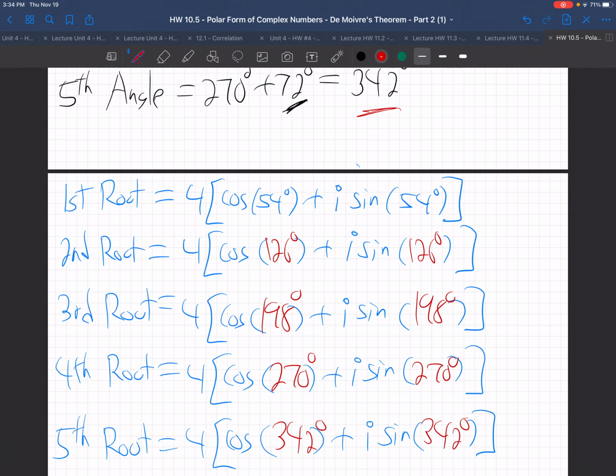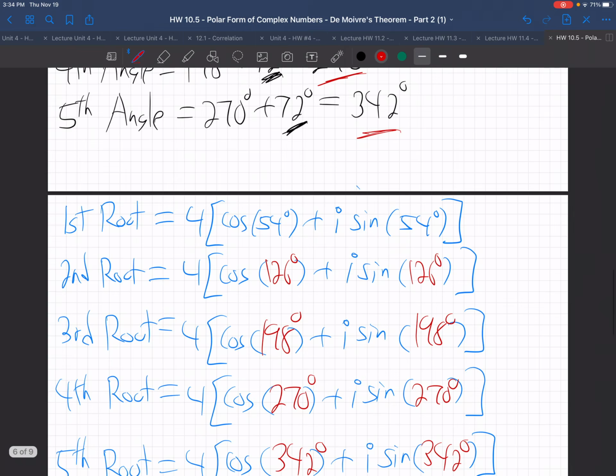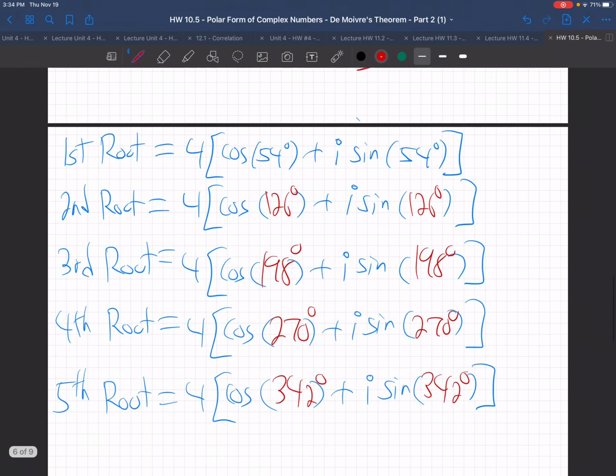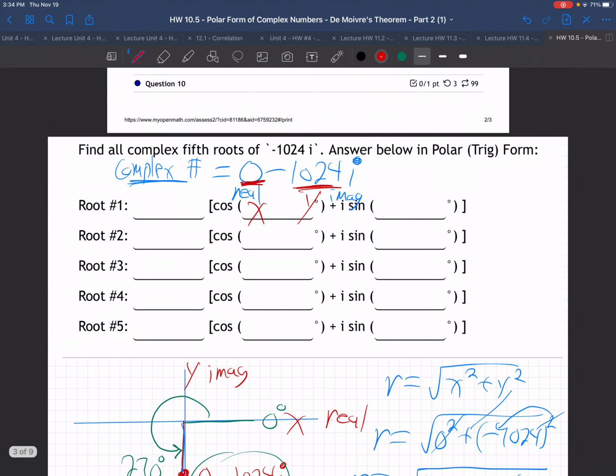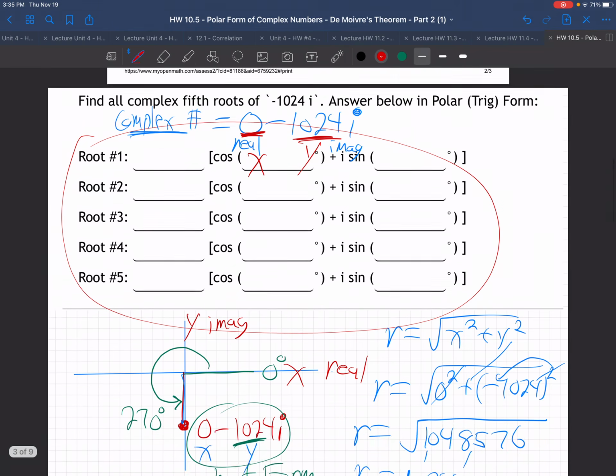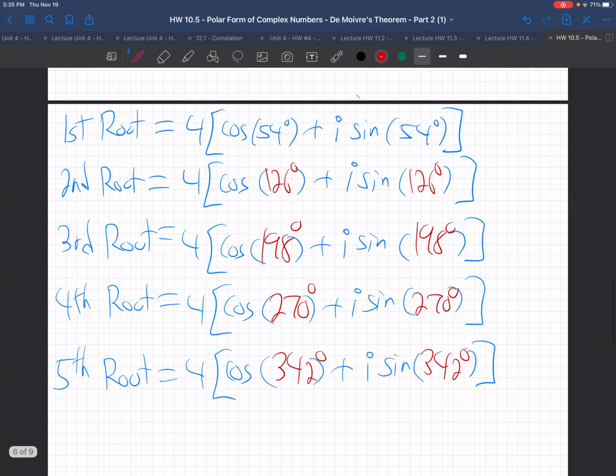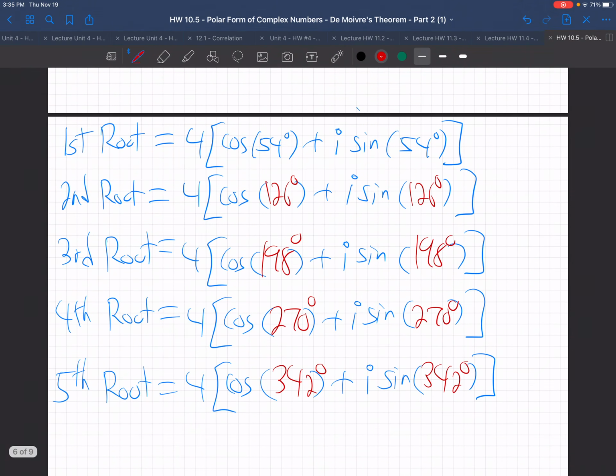There's our 5 roots. There they are. Now, if they want you to stop there, you're good, and that's all they want on this problem. That's exactly what we're going to fill in these blanks right here. So that's our answer. There we go.